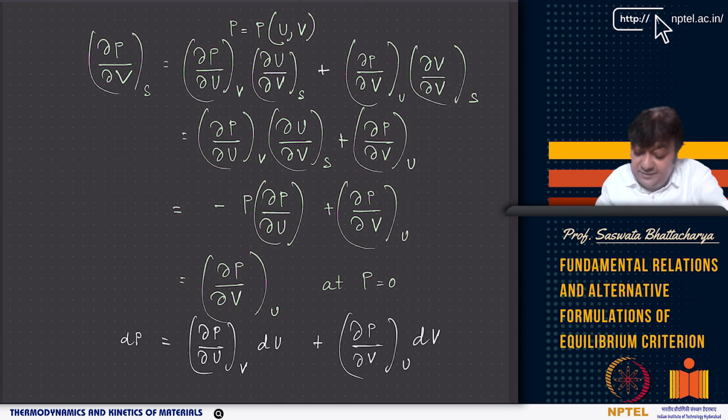Now what we are doing is we are differentiating the left hand side and right hand side with respect to V, right? So this becomes ∂P/∂V.